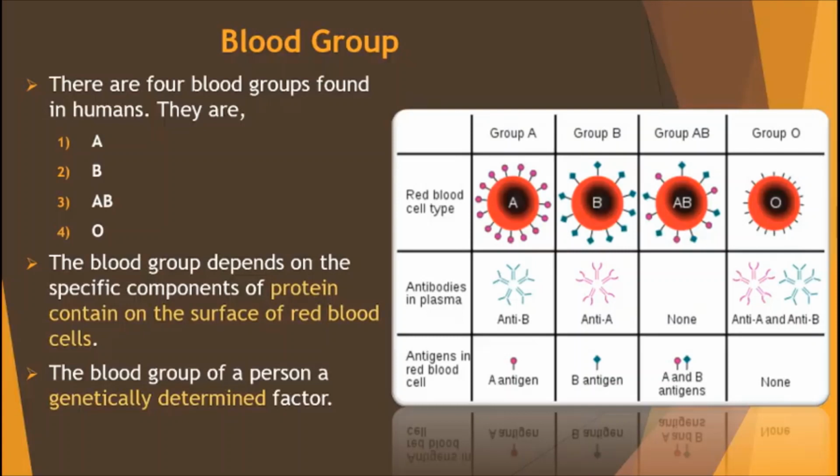The blood group of a person is a genetically determined factor. It is determined according to the blood groups of your parents.